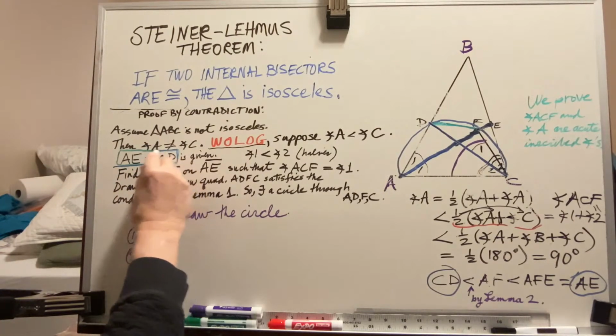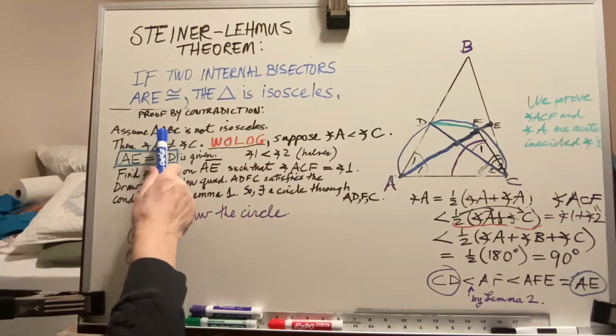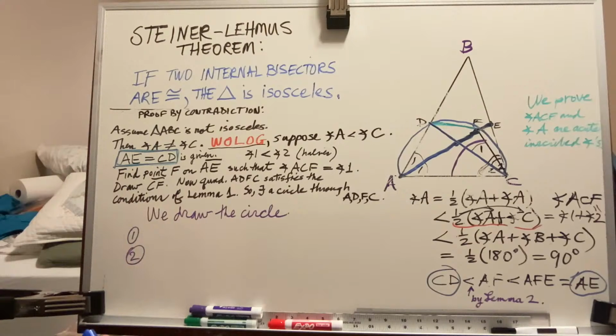Those are the angle bisectors, AE and CD. So that means that the assumption is false, and ABC is isosceles.